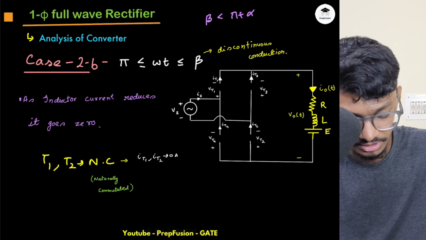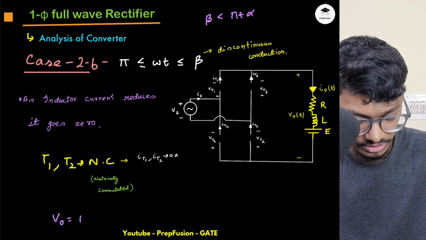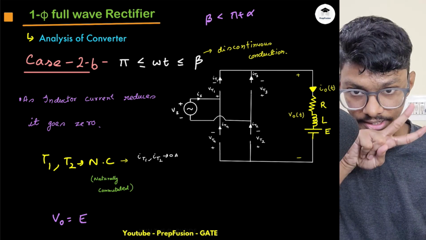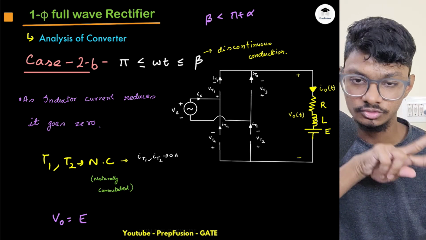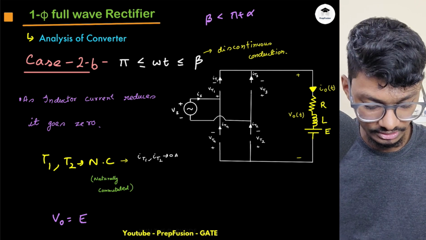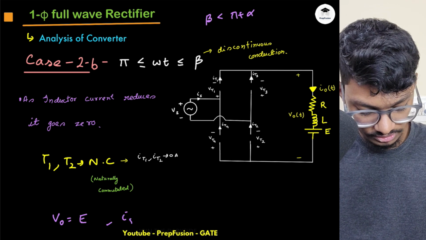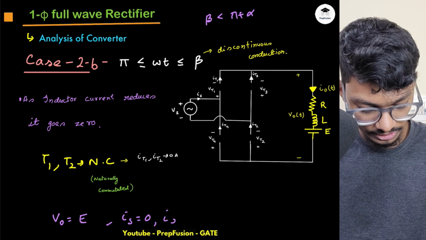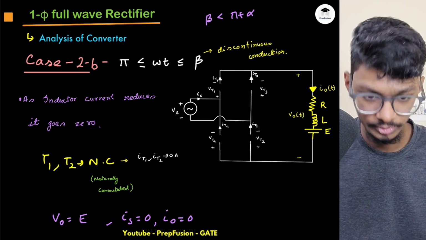What will be my VO this time? VO will simply be equal to E. Because every current is 0, inductor current is 0, so the changing current is also 0, so VL will also be 0, so IO into R will also be 0, so VO will be E only. My source current will be 0, my load current will be 0, every current will be 0, all of them will be off right now.